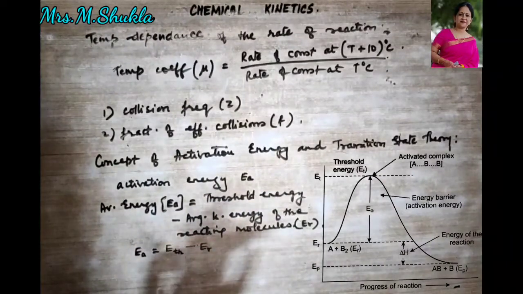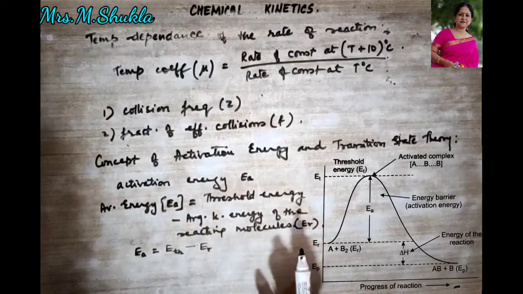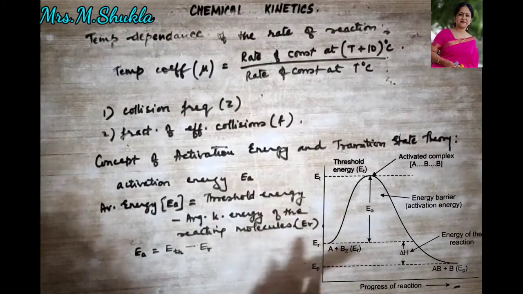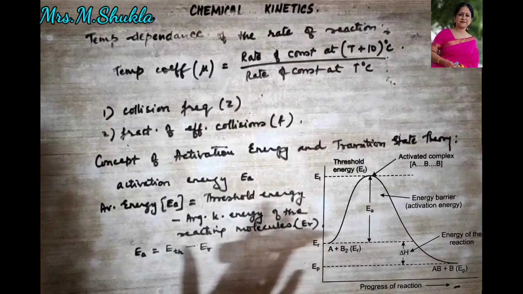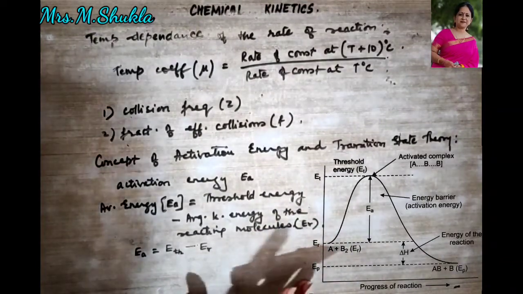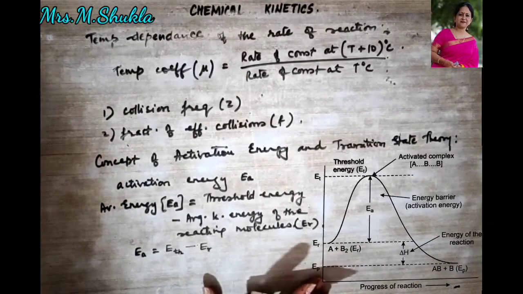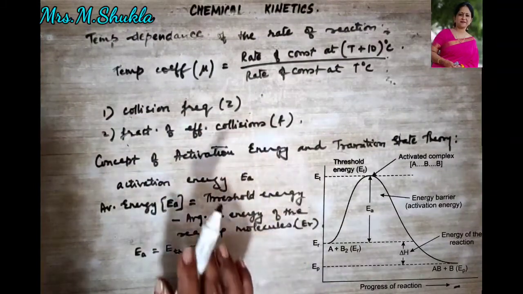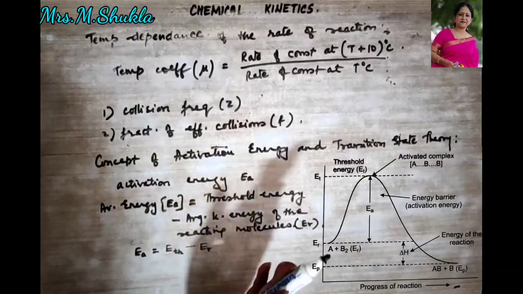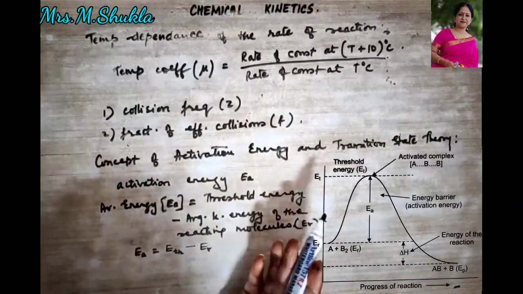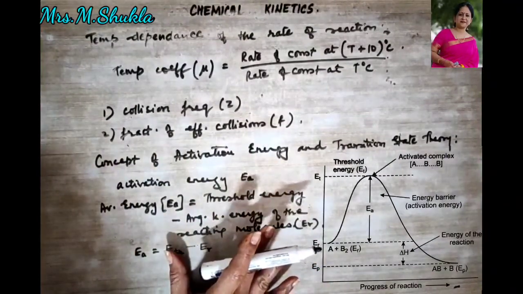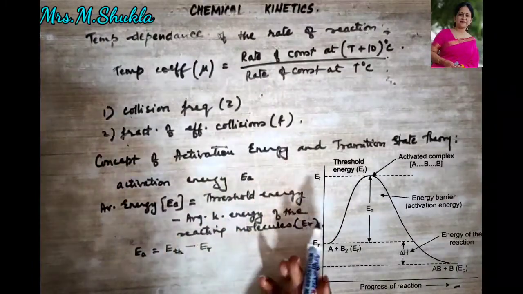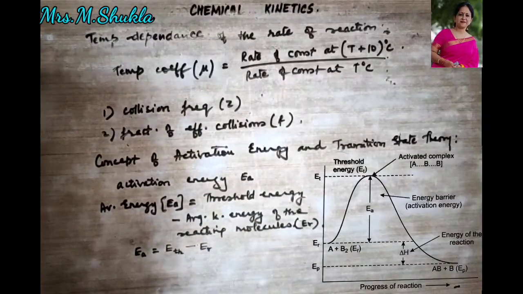The activated complex or transition state, as you can see in the graph, is an intermediate complex which is highly unstable due to high energy. I hope it is very clear. Now, for a reversible reaction, the activation energies are different for the forward reaction and the backward reaction. So now let me rub this off and I will show you the exothermic and endothermic reactions.